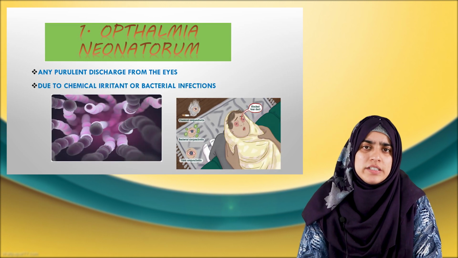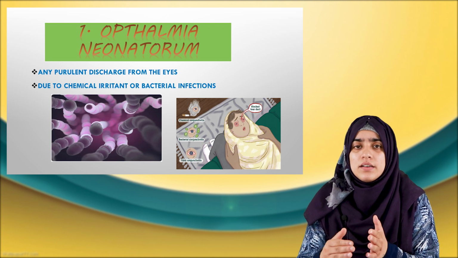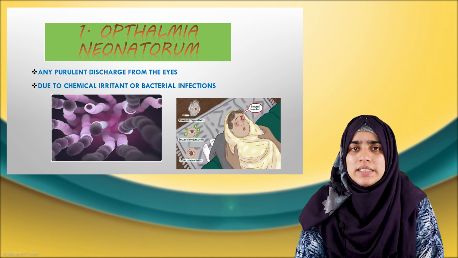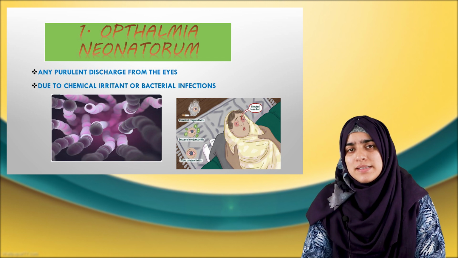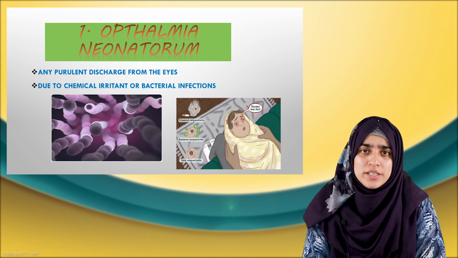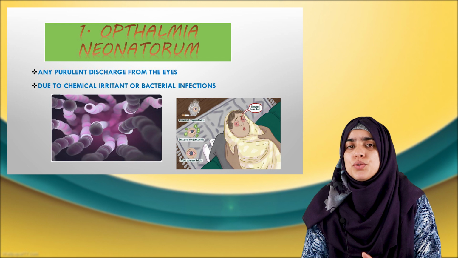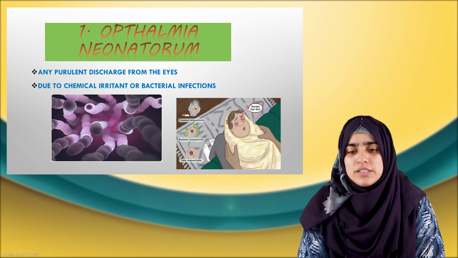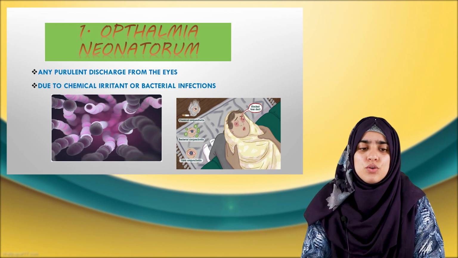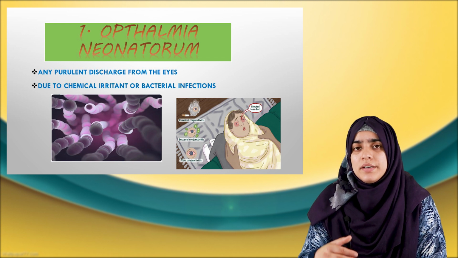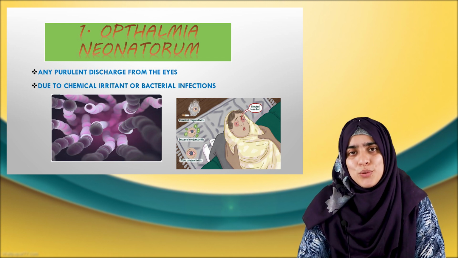This discharge, which is not normal, can be due to some chemical irritant while the baby passes through the mother's vaginal canal, and it may be due to bacterial infections, for example Staphylococcus aureus or Escherichia coli.